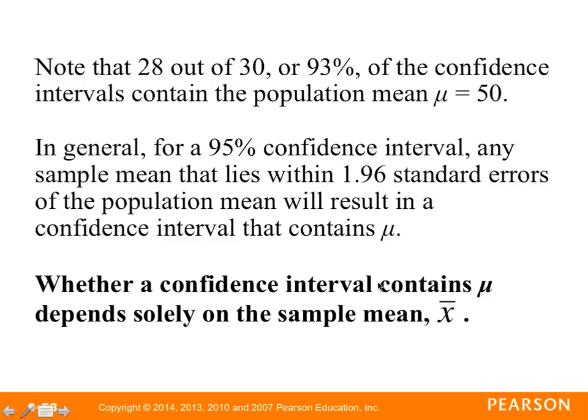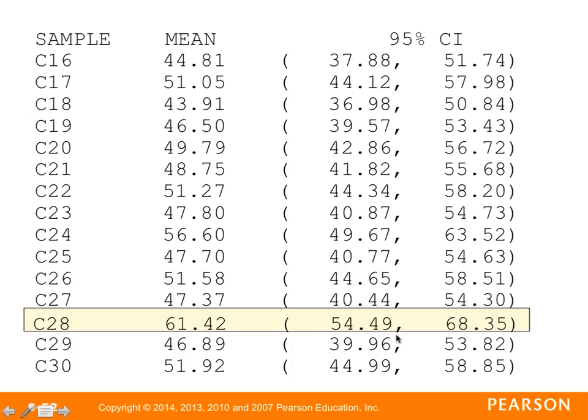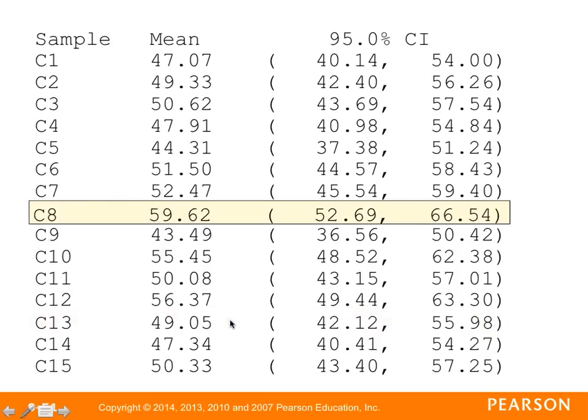So whether a confidence interval contains mu depends solely on the sample mean x bar. So if you look back here, the reason that this one in particular didn't contain our population mean of 50 is because the sample mean of 61 was so high. And if you look at this one, the sample mean was 59.62, which is also quite high, okay?